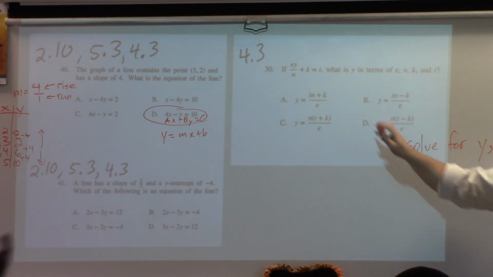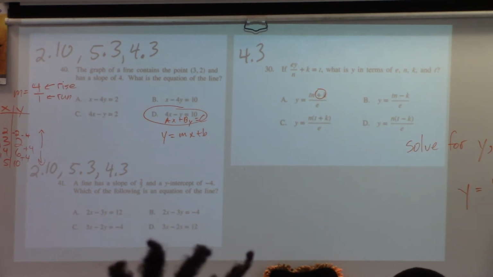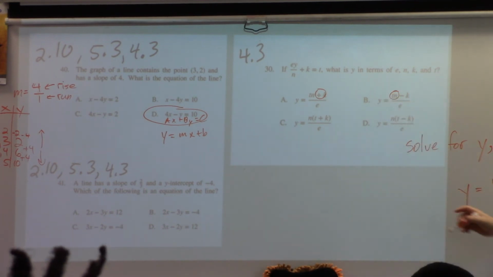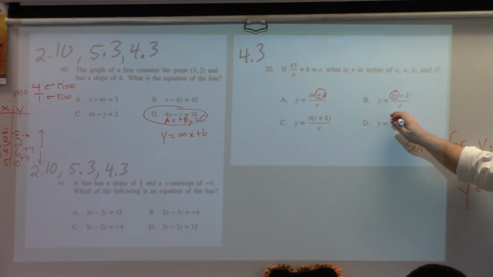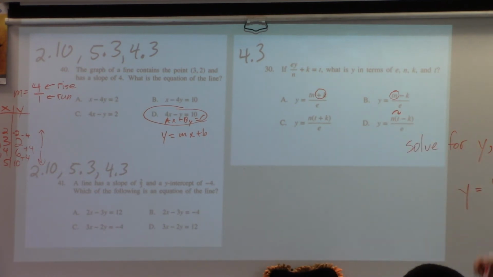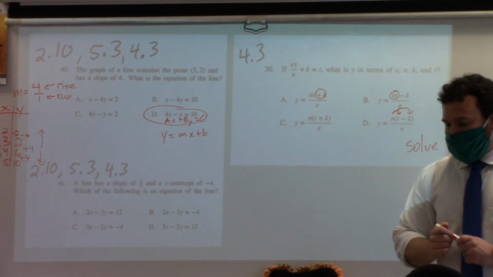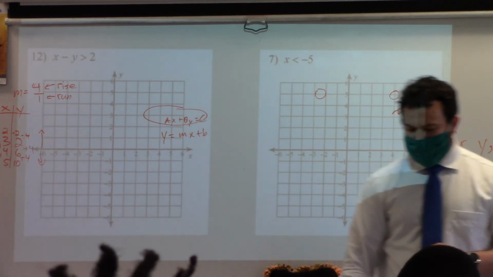I only see Tn here. I have n being multiplied by k as well. What about D? If I distribute, what's n times t? Nt. What's n times k? nk. So is that equivalent? Yes.